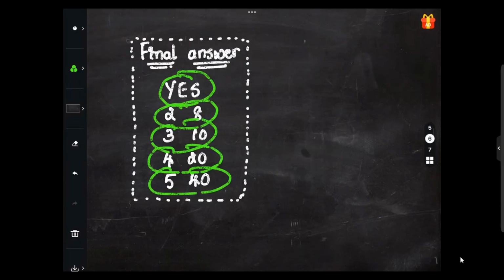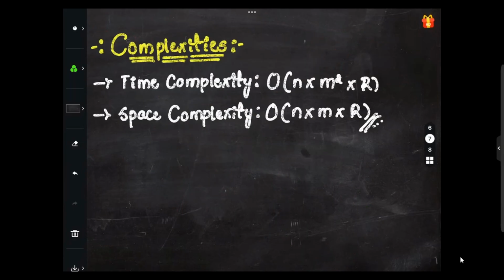As we are completely familiar with the approach, let's quickly discuss the complexities. The time complexity would be big O of n into m square into r, where r is less than or equal to 101, the maximum number of values per subject, since bi minus ai is less than or equal to 100 according to the given constraint.